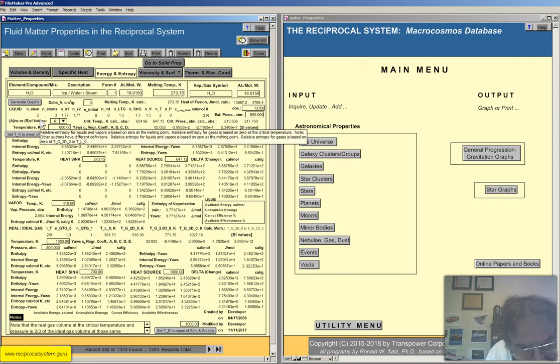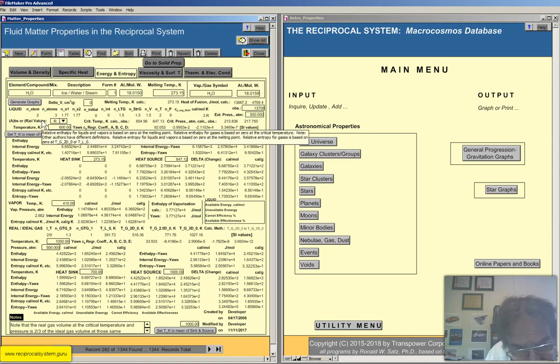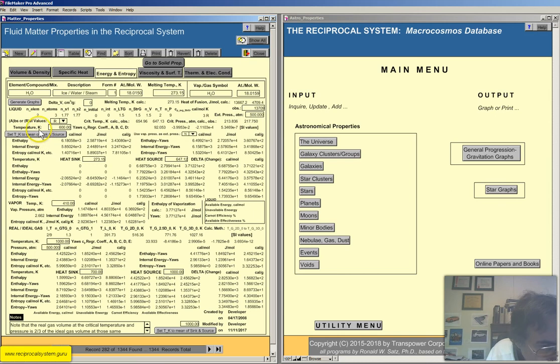Relative entropy for liquids and vapors is based on 0 at the melting point. Relative entropy for gases is based on 0 at Tg, the temperature of the gas at the two-dimensional limit, or TL0. Alright, so here's the temperature input, 600K.